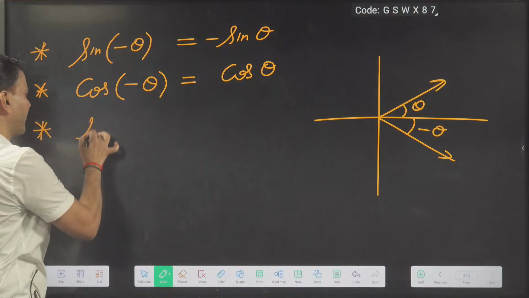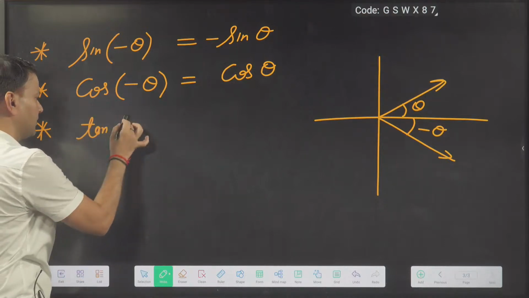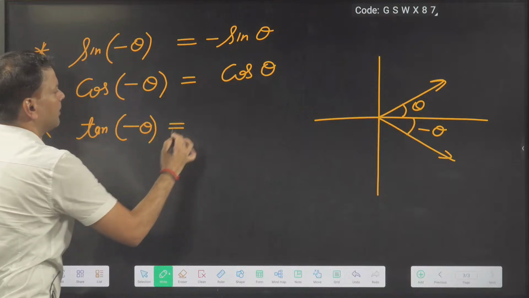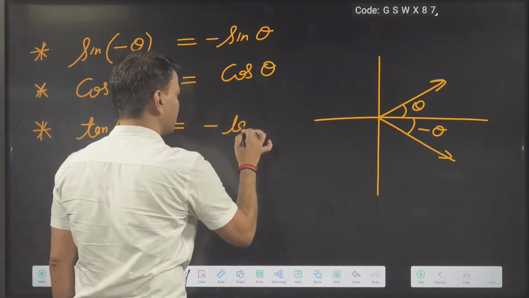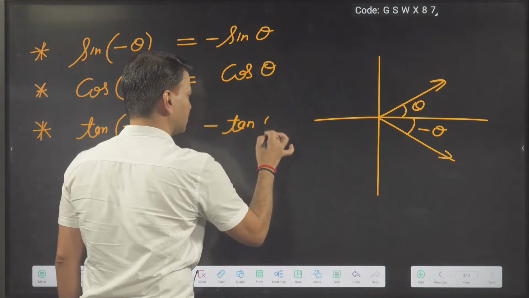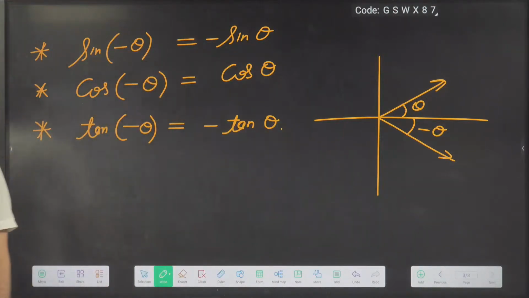Then next, tan of minus theta. Now in the fourth quadrant tan is negative, so we can say minus tan theta.